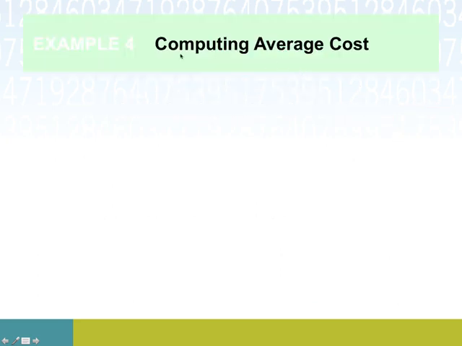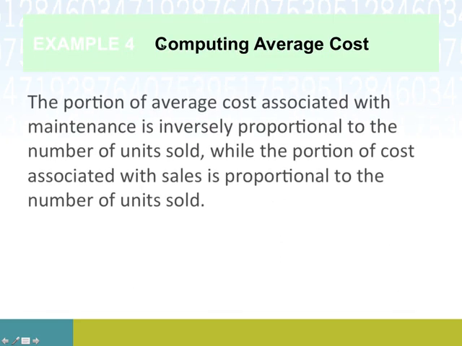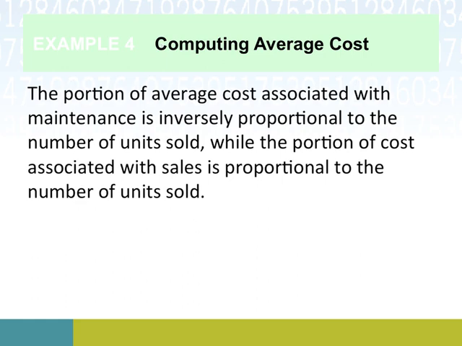So we'll try this in a business example. The claim is that the piece of average cost associated with maintenance is inversely proportional to how many units you sell. And then the piece of cost that's associated with sales is proportional to the number of units sold. So again, since the word directly is missing here, we're going to assume that that's what it means, that this cost is directly proportional to the number of units sold.